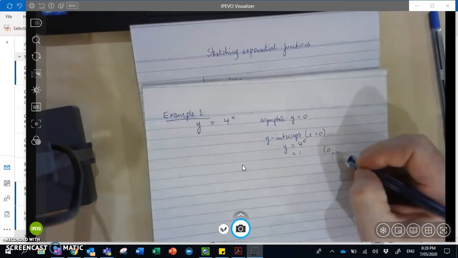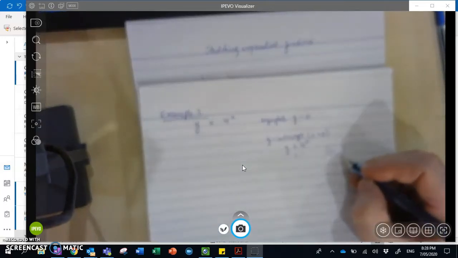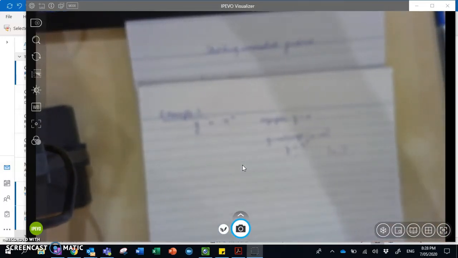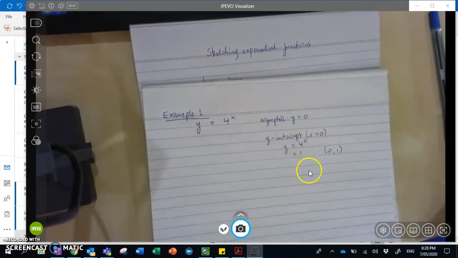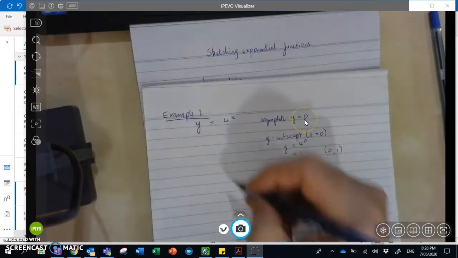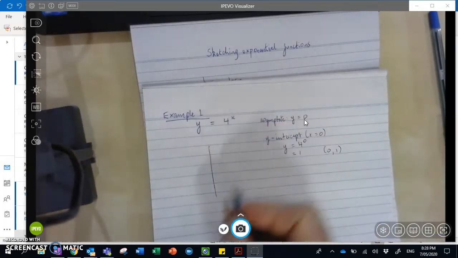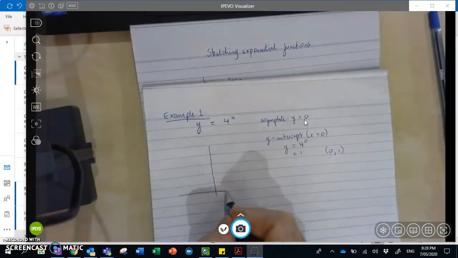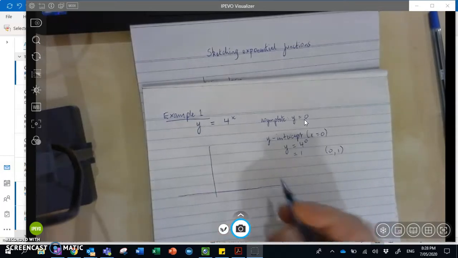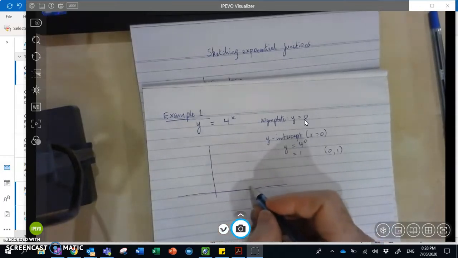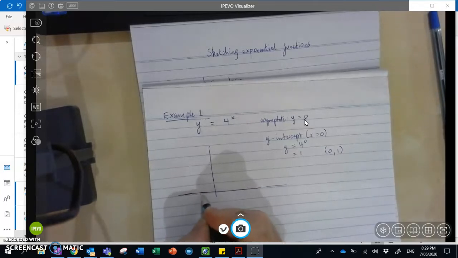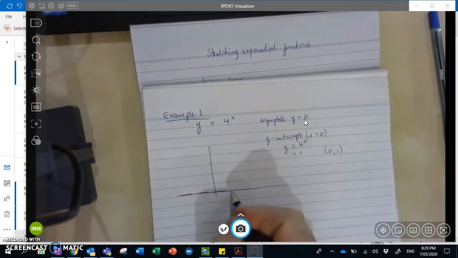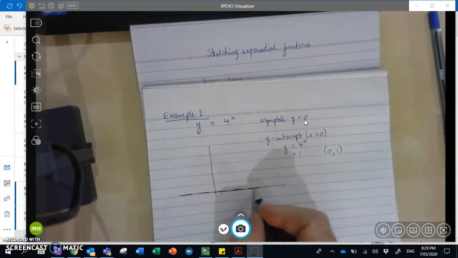So our y-intercept is 0, 1. Now I've already said we've got an asymptote at y equals 0, so that automatically tells me that in fact we are not going to have our graph go through and touch this x-axis.